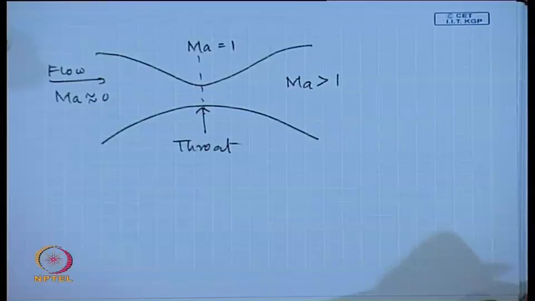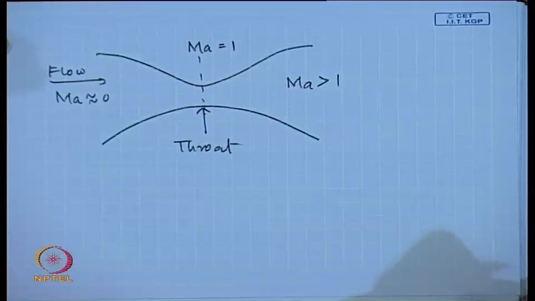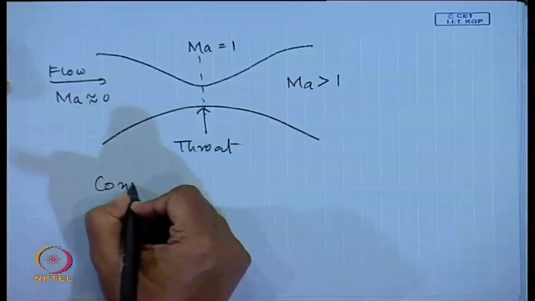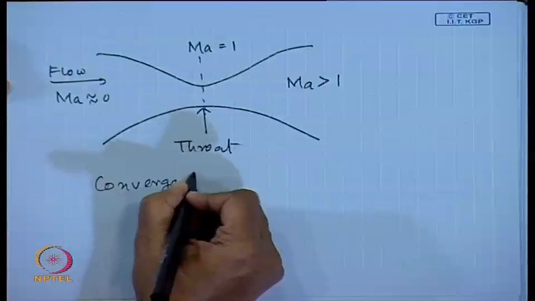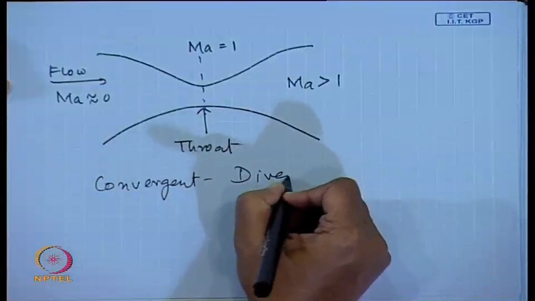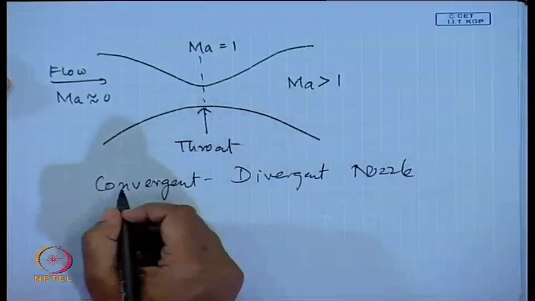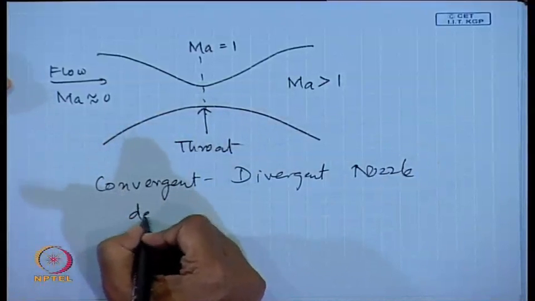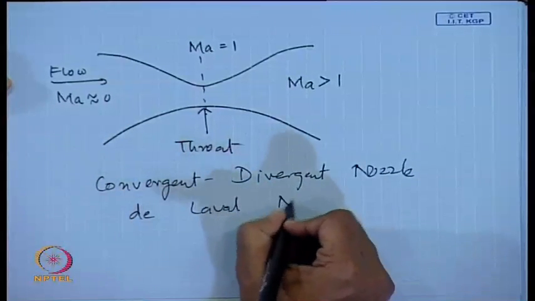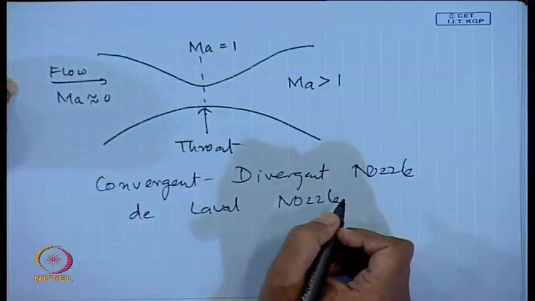It has to converge in the subsonic portion, it has to diverge in the supersonic portion. Such nozzles are known as convergent divergent nozzles, or de-Laval nozzles, named after the person who first used and designed it.